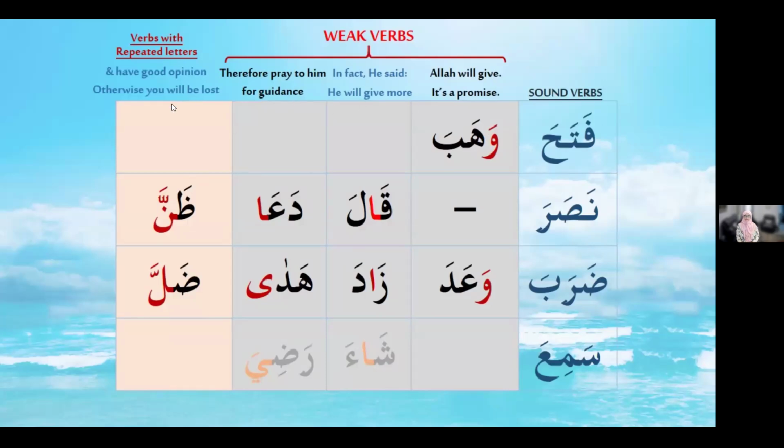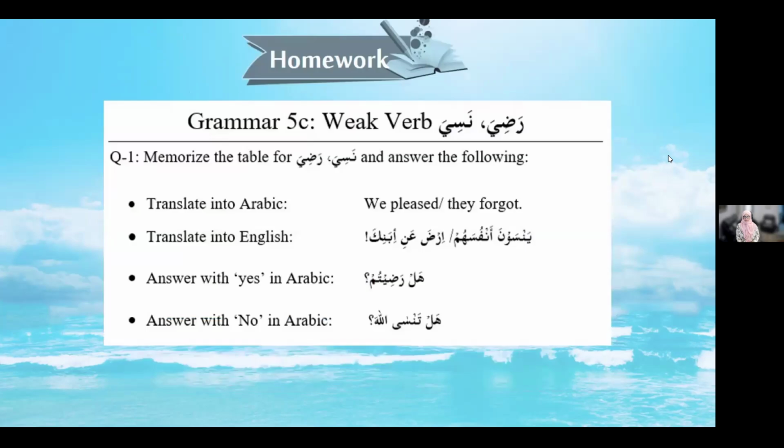We have done this many times. Sound verbs were fataha, nasara, daraba, sami'a, and then weak verbs are wahaba, wa'ada, qala, zada, sha'a, da'a, hada, radiya, which we did today, and dhanna, dhalla.